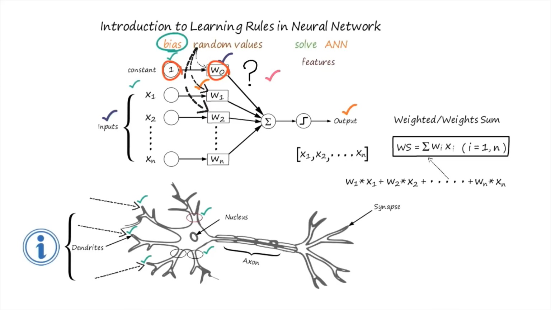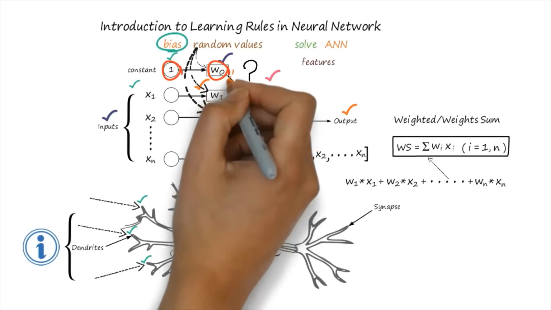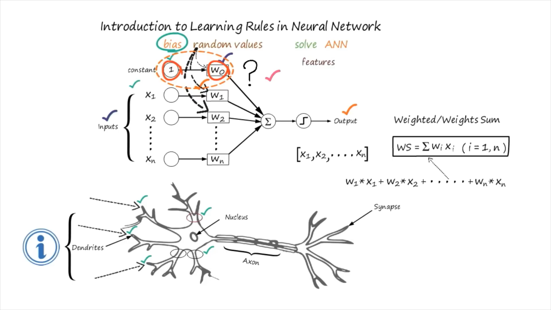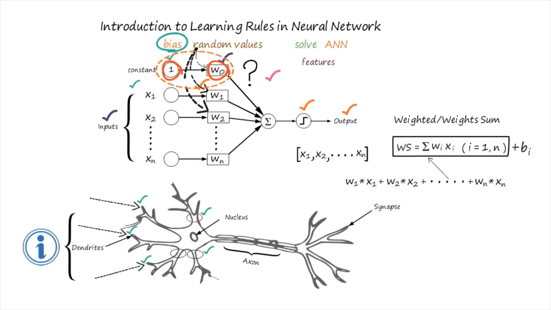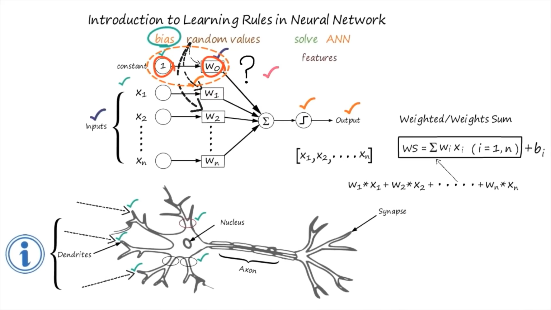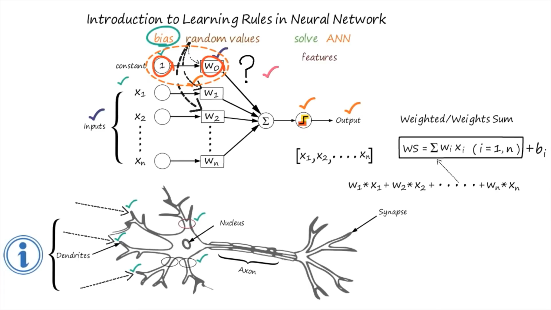Now this W0 is an element that adjusts the boundary away from origin to move the activation function left, right, top, down. So basically, in order to understand this bias, we also have to understand this activation function. But for the time being, I will explain this bias term again. This bias term will always be associated with this equation in order to give flexibility to the activation function of the neural network. So this is the main task of the bias.